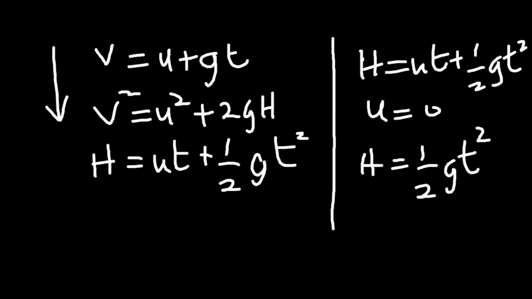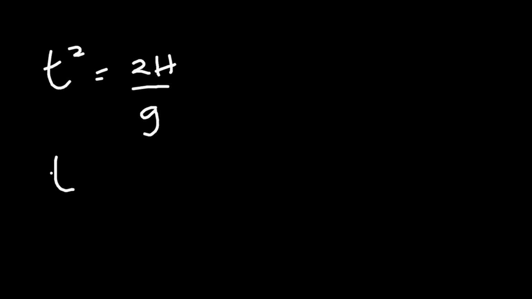To however obtain the time it will take the body to move from a height, we'll make t the subject of the formula, so that we shall have t squared equals 2h divided by g, and taking square root of both sides, we shall have t equals the square root of 2h divided by g.